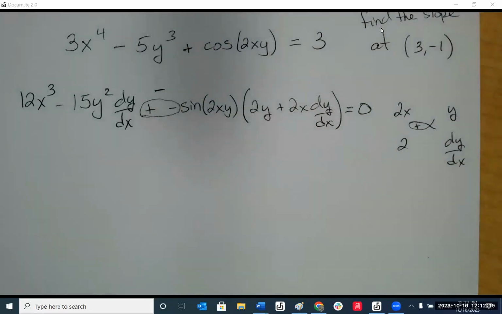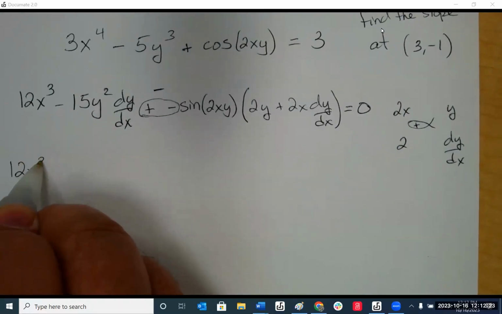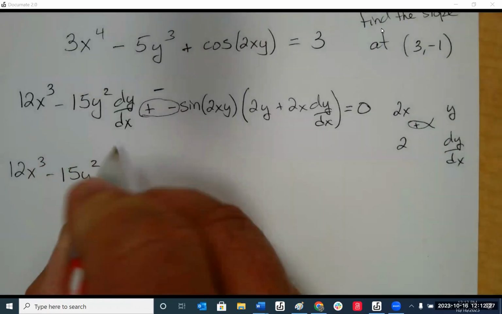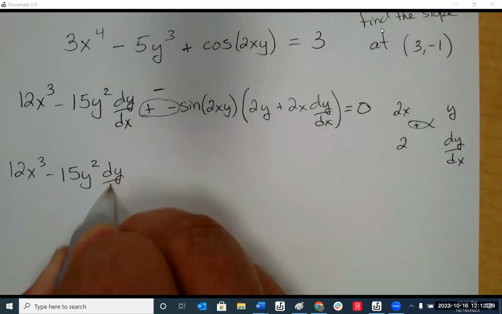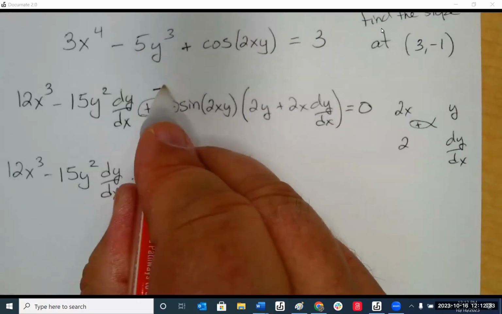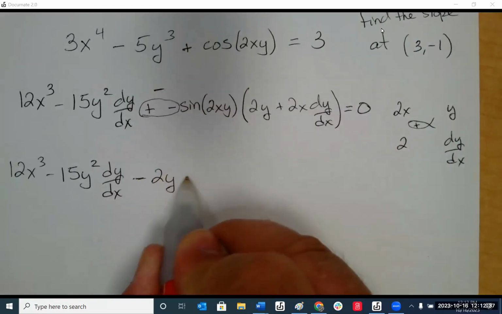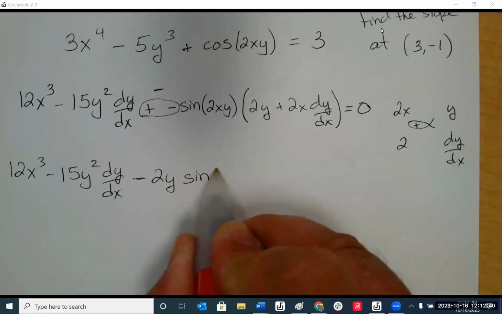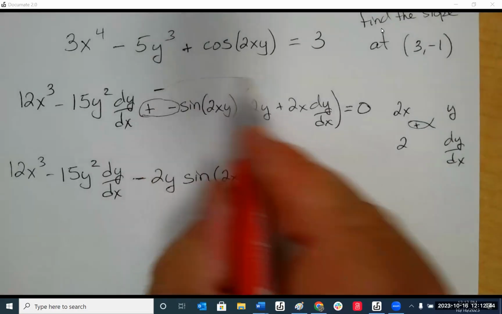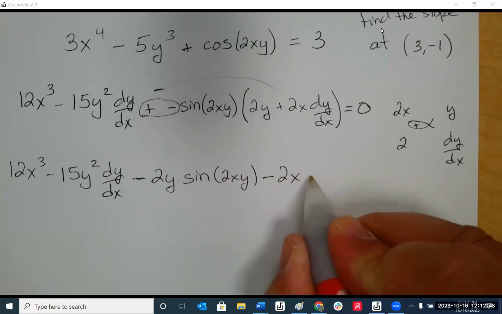And then distribute, right? Minus sign times 2y, so it's minus 2y sine 2xy, 2x.